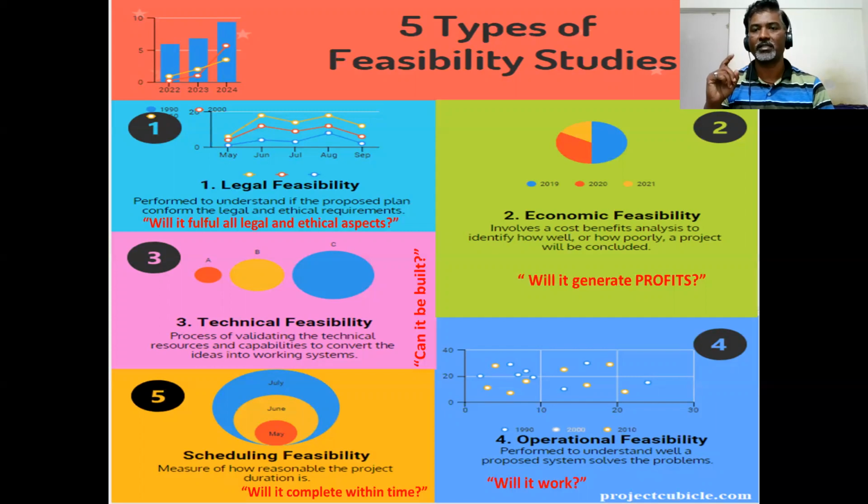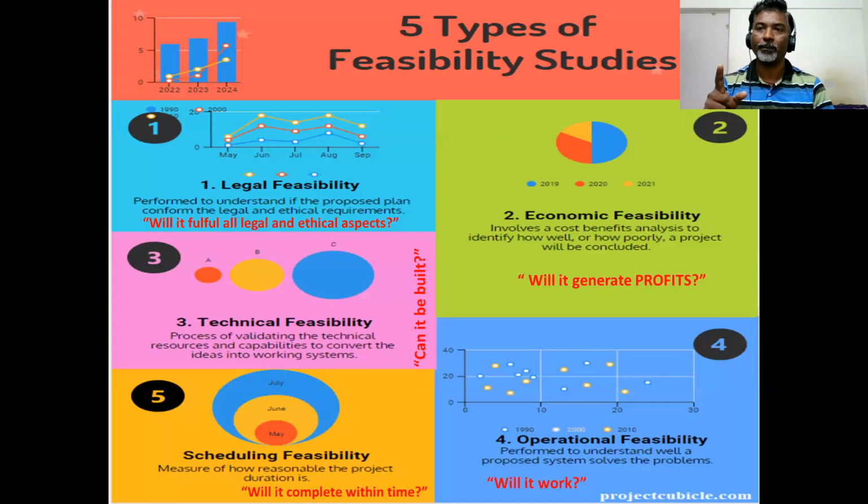The second type of feasibility study is economical feasibility. In economical feasibility, we compare the benefits of the proposed system with the cost that you are going to pay for development of that system. That is, economic feasibility is also called cost benefit analysis.